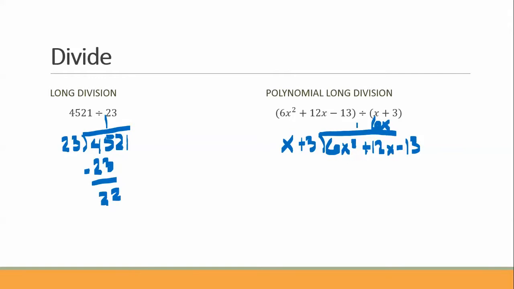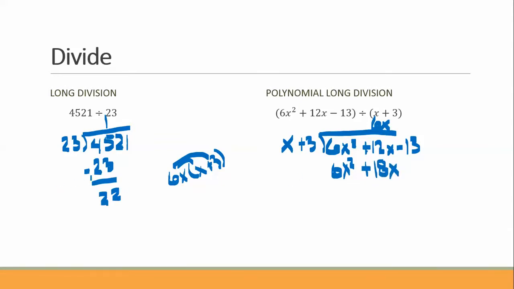So now we do 6x, then over here we did 1 times 23. So now we're gonna do 6x times x plus 3, this whole thing. So 6x times x plus 3, remember we have to distribute our 6x. So we have 6x squared plus 18x.